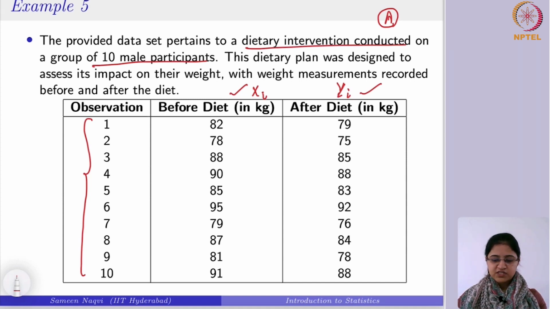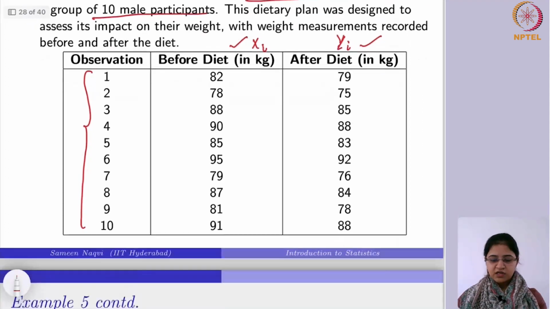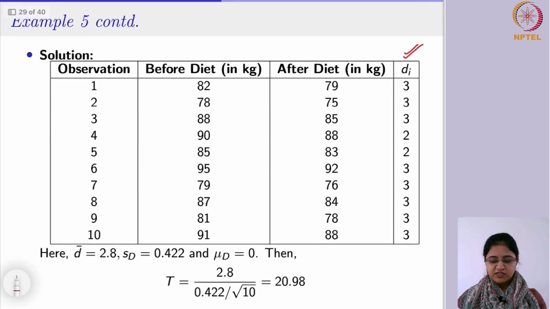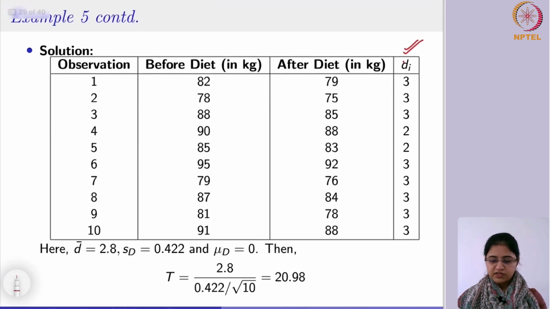In this case, first of all, you would note down the corresponding differences, di's. You can denote them by capital Di also, it is no issue. Then you would find out its sample mean and the corresponding standard deviation.